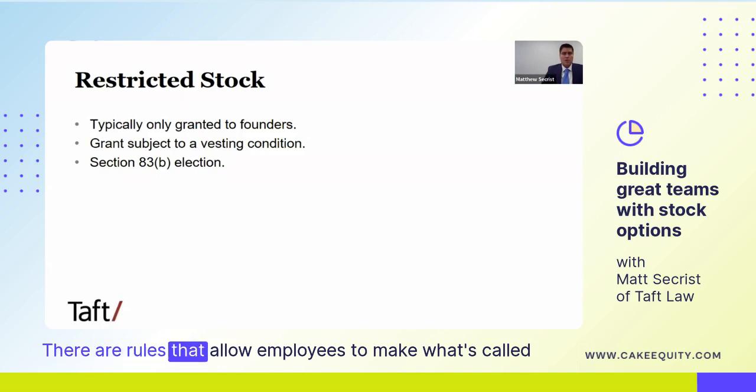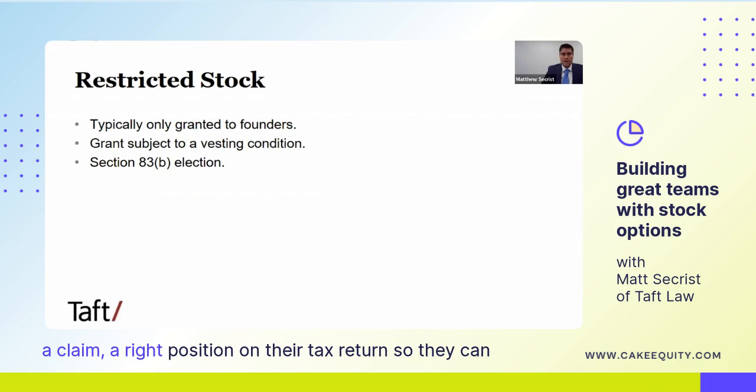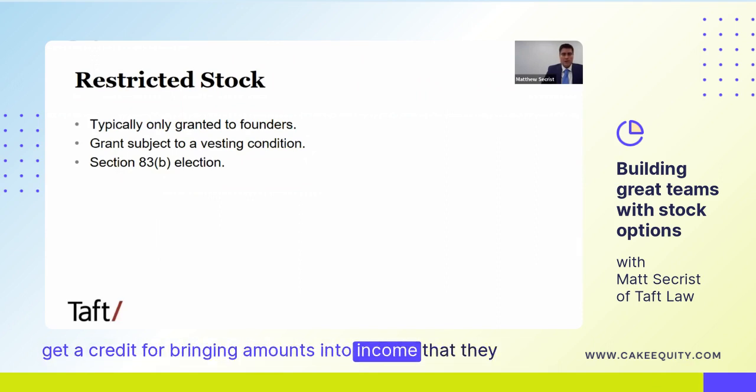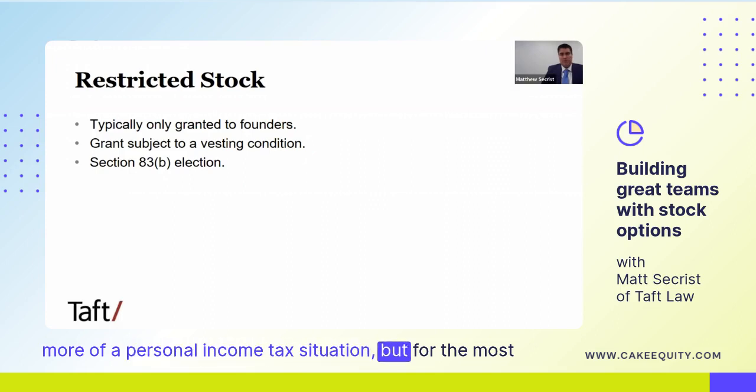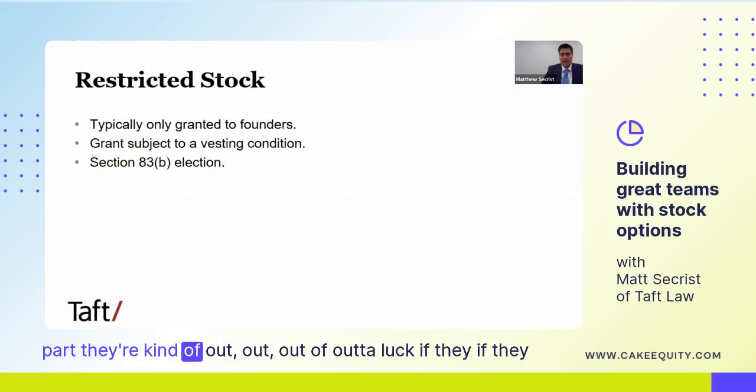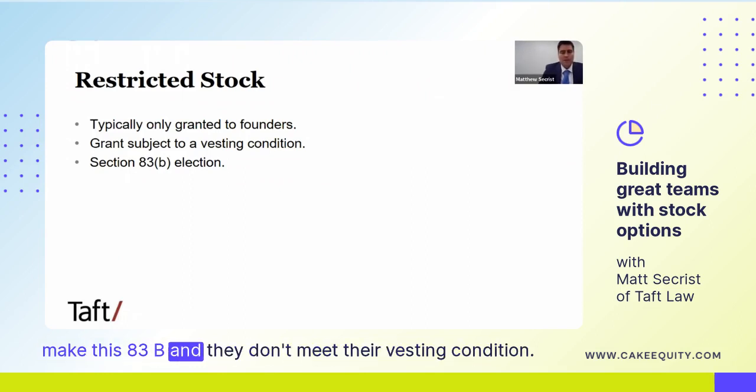There are rules that allow employees to take what's called a claim of right position on their tax return, so they can get a credit for bringing amounts into income that they ended up not having a right to. That's more of a personal income tax situation, but for the most part, they're out of luck if they make this 83(b) election and don't meet their vesting condition.